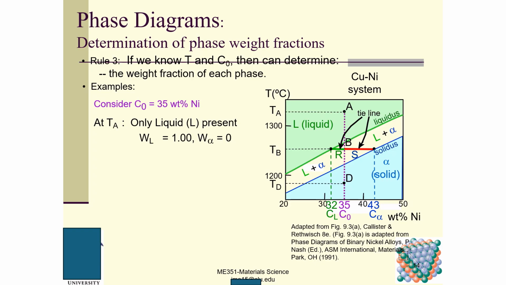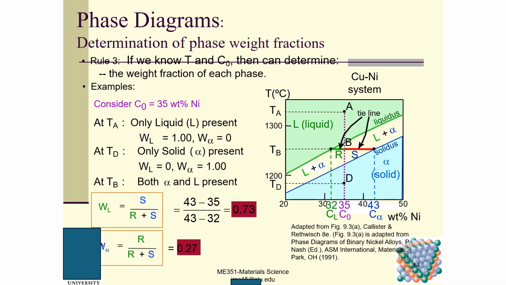At TA, we only have liquid present, so the weight percent of L equals 100% and the weight percent of alpha equals 0. At TD, only solid alpha, W_L equals 0, W alpha equals 100%.